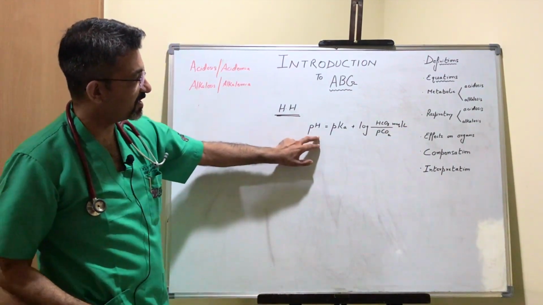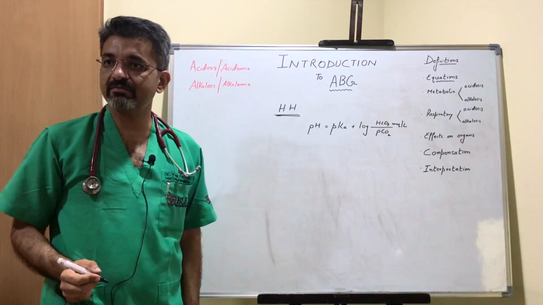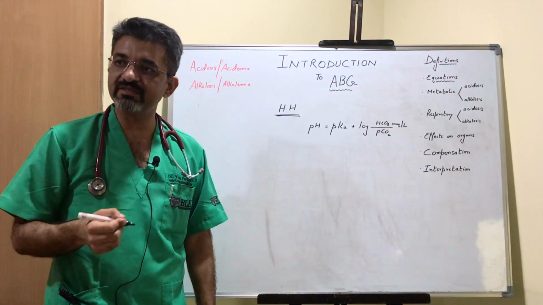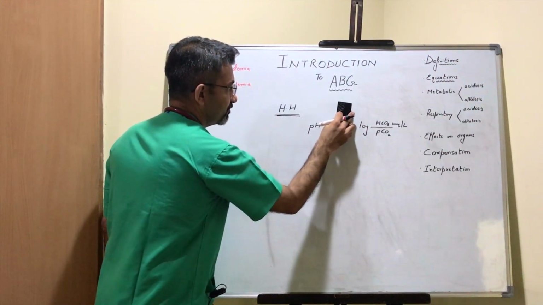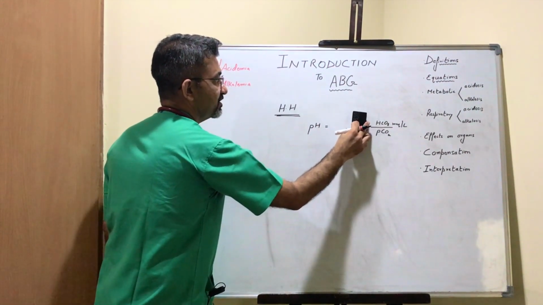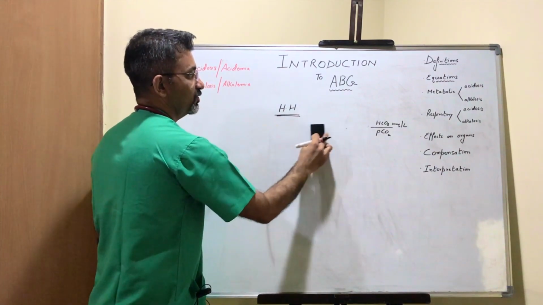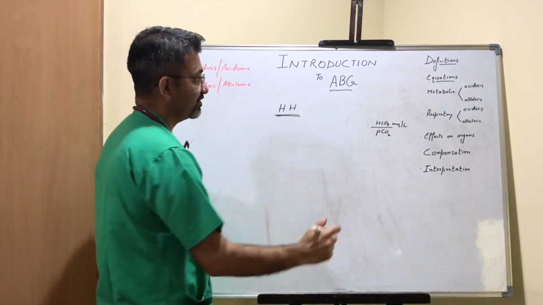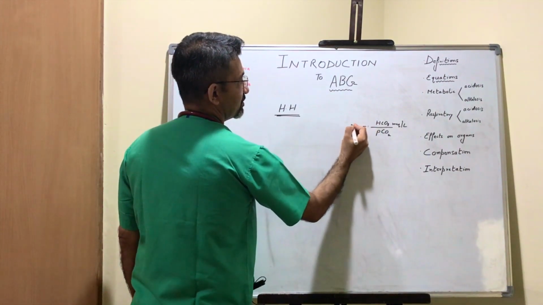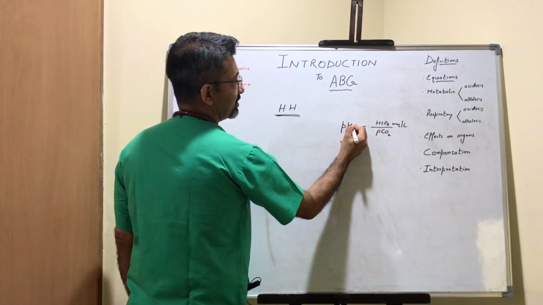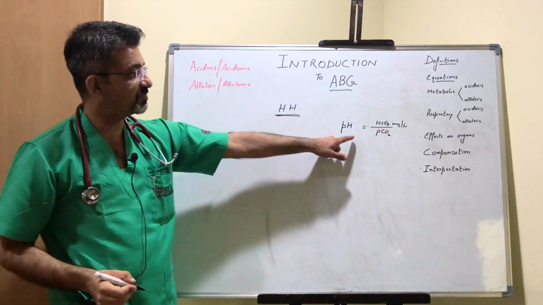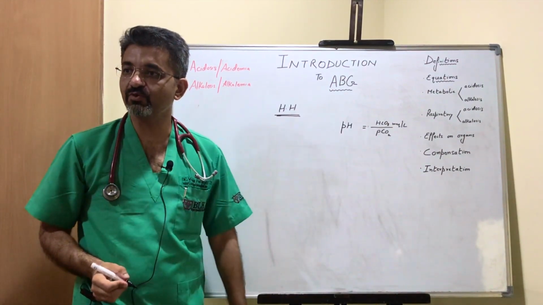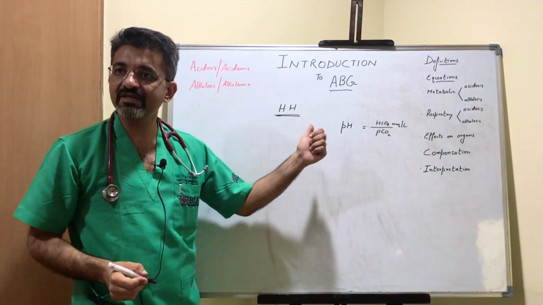Now we cannot apply this equation every time we interpret an ABG or a compensatory mechanism. So what we do is we modify it. We remove pH, pK and log. So it becomes an easy modified HH equation: pH is directly proportional to your bicarb concentration but inversely proportional to your PCO2. This is not a real equation.